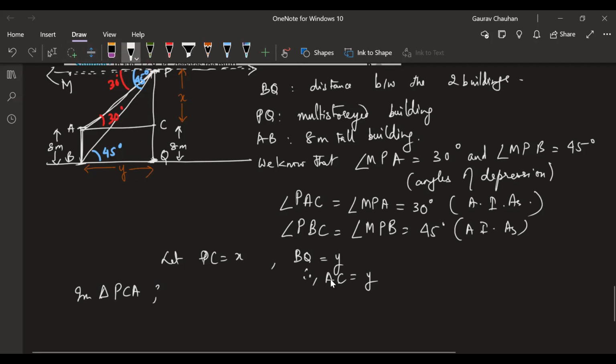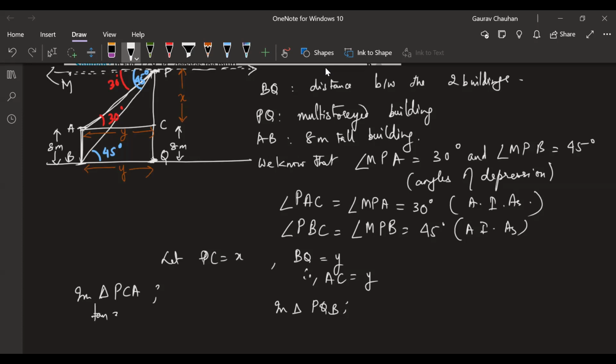Now in triangle PCA and in triangle PQB, let's first look at PCA. In PCA I have this as also y. So what do I get? Again, I'm not going to use any unnecessary things. I don't have to deal with the hypotenuse because I don't have that in the question. I just go directly to tan or cot.